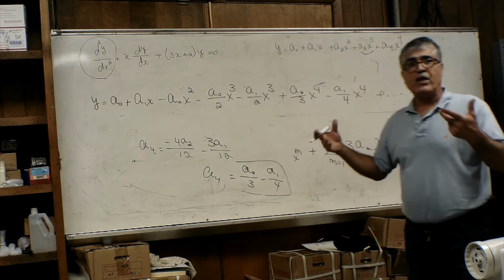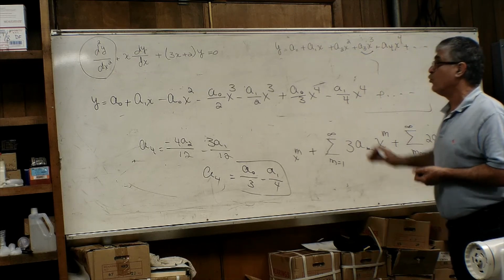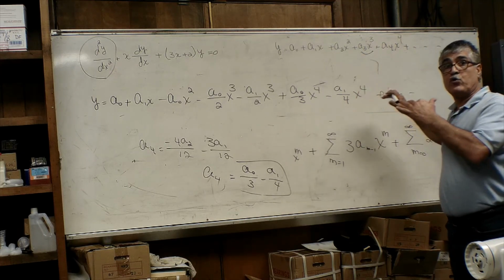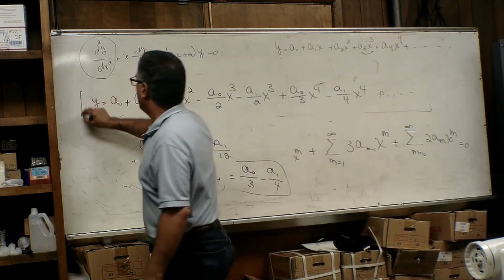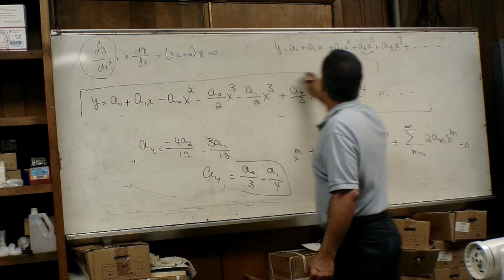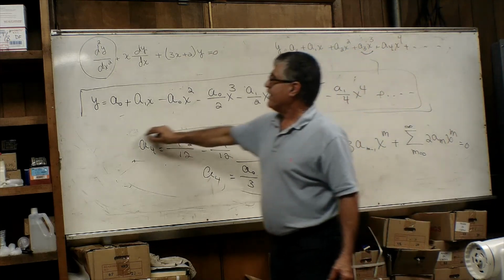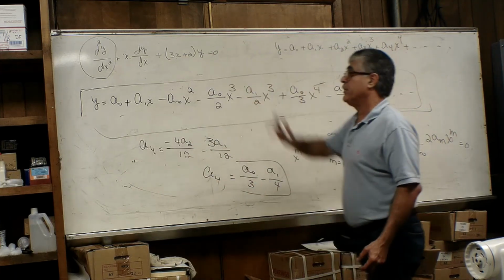Usually in a problem they would let you know to what order they want you to go. So this is the general solution using the series method in solving a differential equation like this.